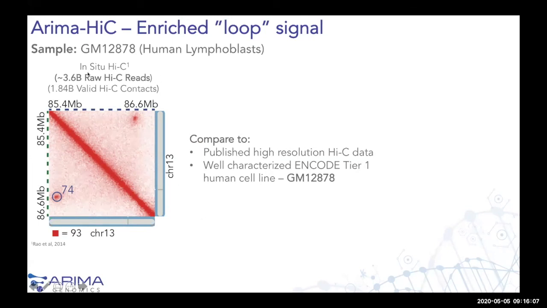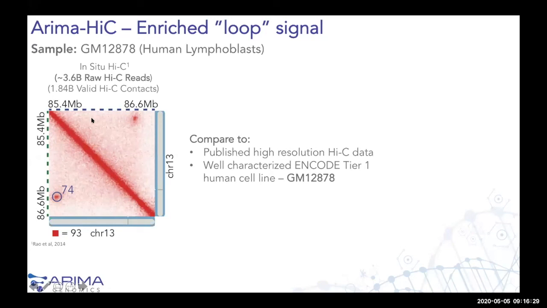So when we did this comparison, we took some published in situ Hi-C data from 3.6 billion raw Hi-C reads. And all we're looking at here is essentially one point-to-point interaction, which would be characterized as a chromatin loop, about a megabase in size.